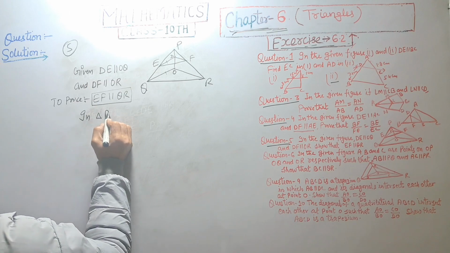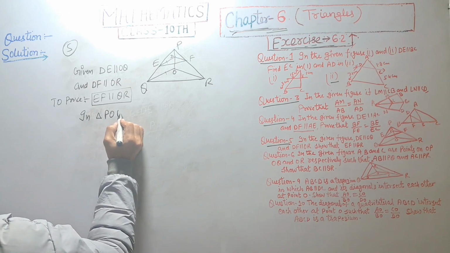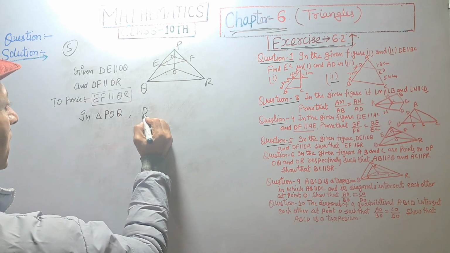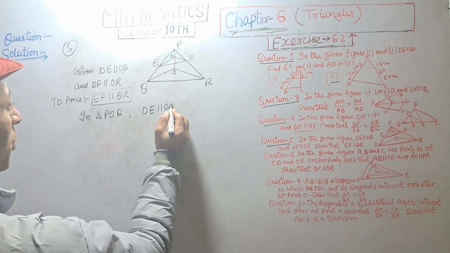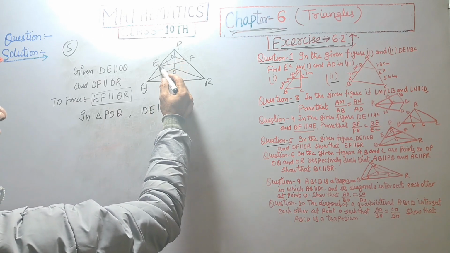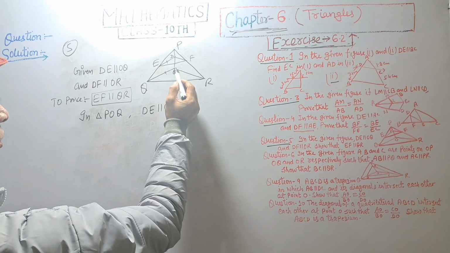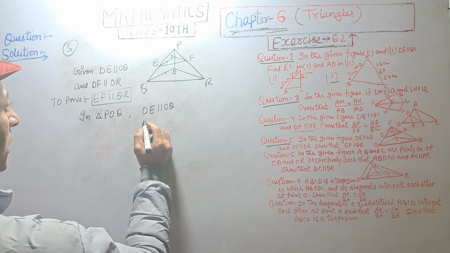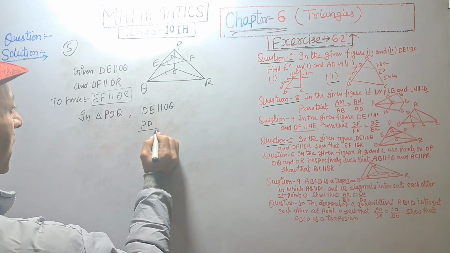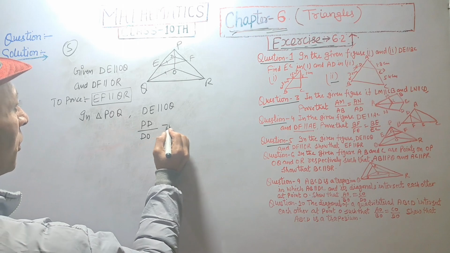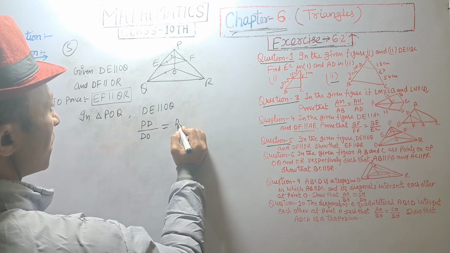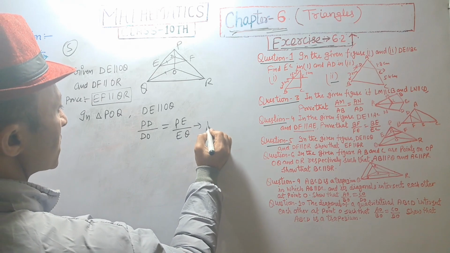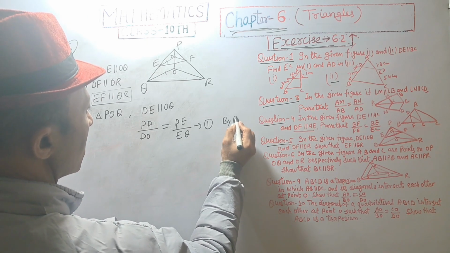In triangle POQ, DE is parallel to OQ, then PD upon DO is equal to PE upon EQ. It's equation number first by BPT.